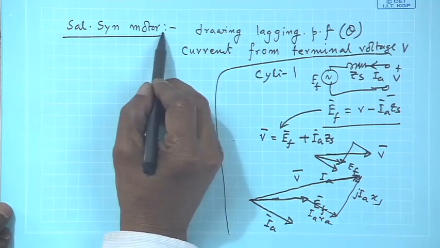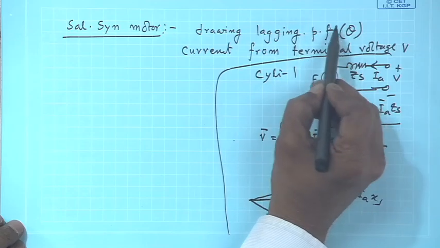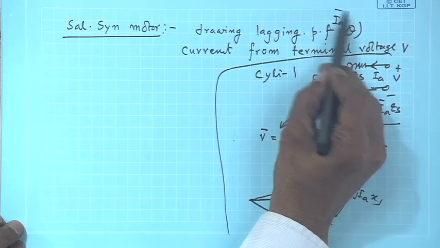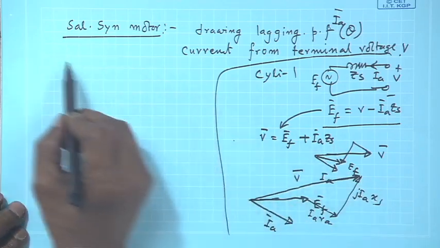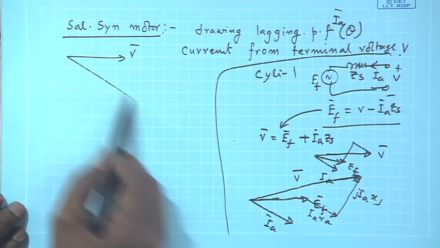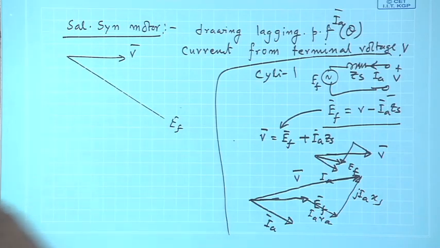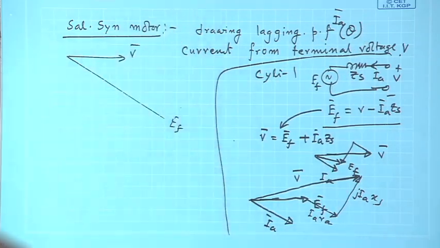So, a salient pole synchronous motor drawing a lagging power factor I A at a terminal voltage V, what will be the thing? I know this much only, that in case of motor, if this is your terminal voltage, E F must lie below it, that is certain, motor mode with this convention. So, E F will be below your voltage.